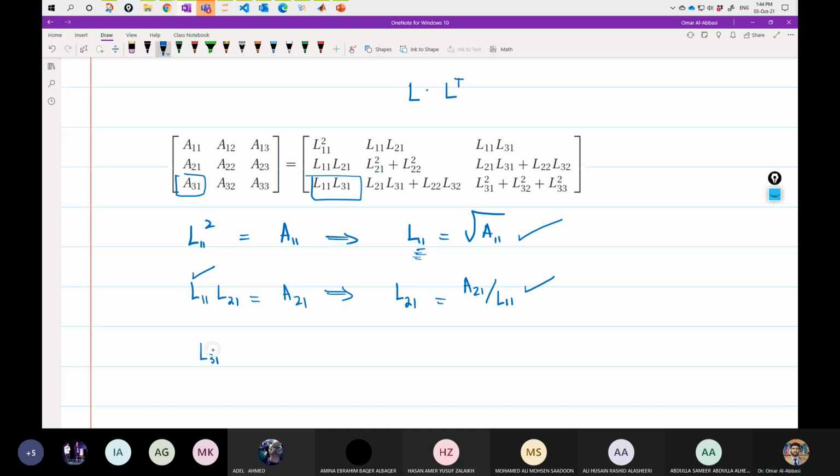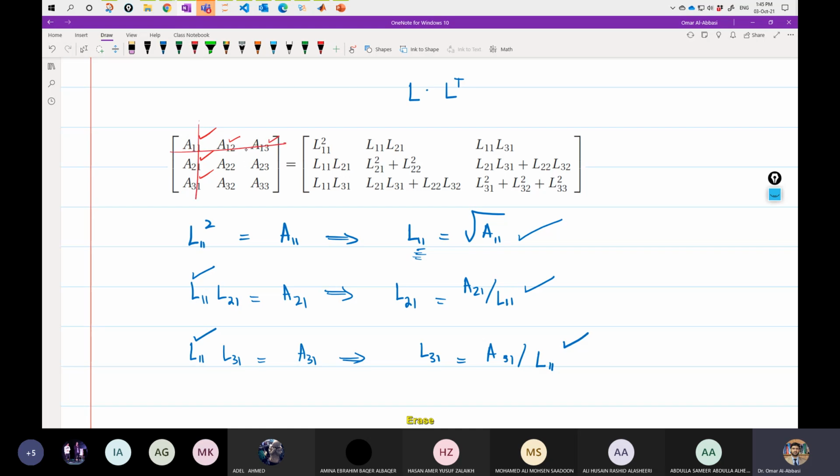L31 times L11 equals A31. Notice again L11 is known. L31 equals A31 divided by L11. Okay, we found it now. We found those three elements as well. Then this L is the same as that L. All right.